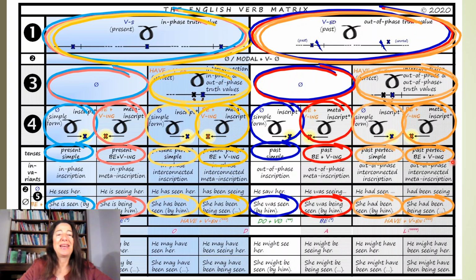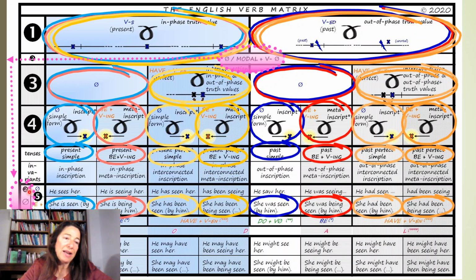And as I was saying before, the examples here that are circled are examples in which there is no modal, because actually if there is a modal in a verb form, it appears in number 2. It's the second operator that is mentioned in the verb equation. But it's not part of the basic tenses in English.